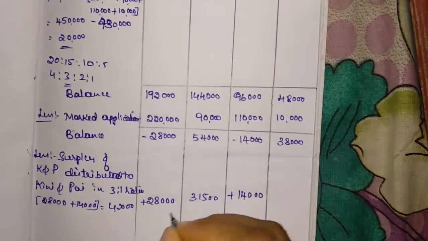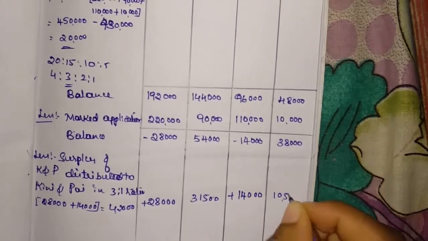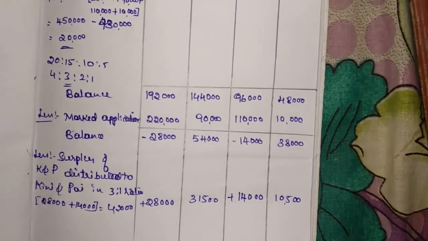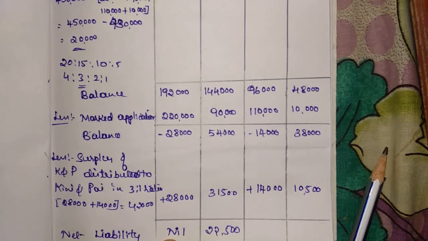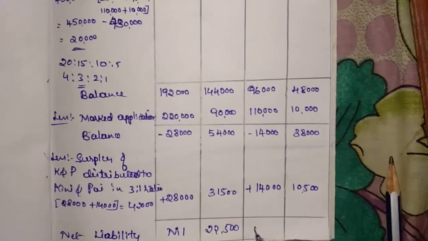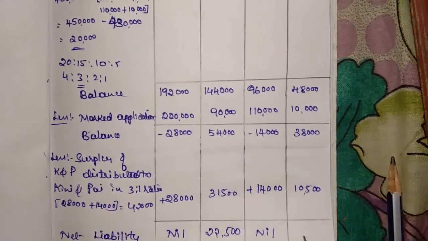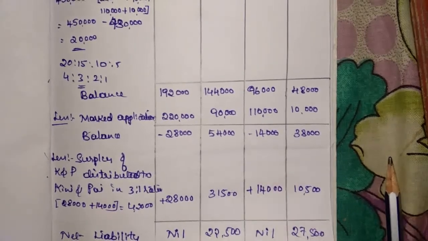31,500. 42,000 into 1 by 4, that is 10,500. The total liability: for Kamath there is no liability because he got a surplus, Kini 22,500, for Prabhu it is nil, and for Pai it is 27,500 shares.